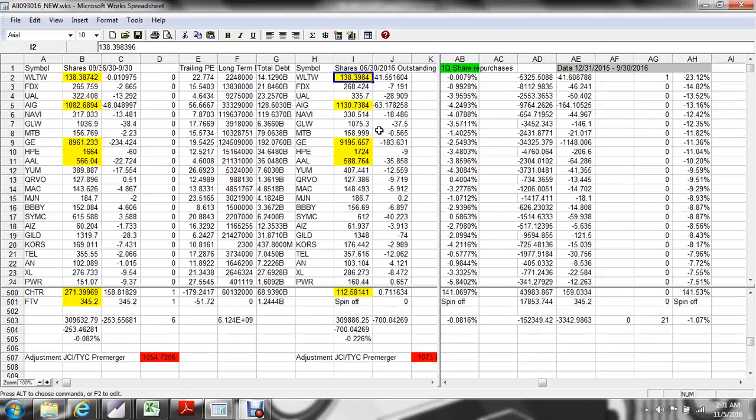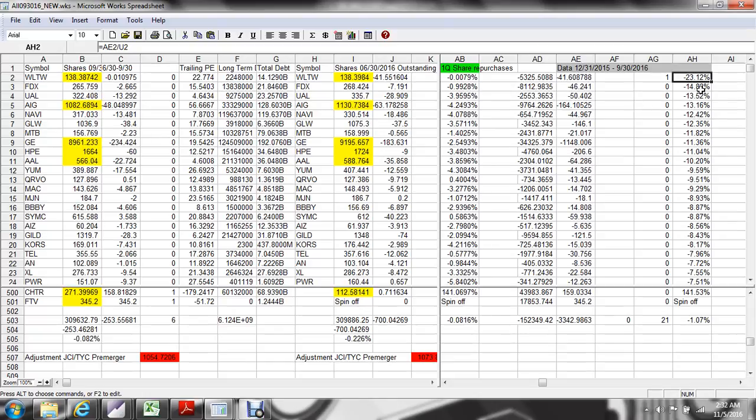And immediately after that purchase closed, Willis Towers did a reverse split. They gave 1 share for every 2 shares that were out. And that resulted in a 23% reduction in shares. So for Willis Towers, the share reduction wasn't due to share buybacks.